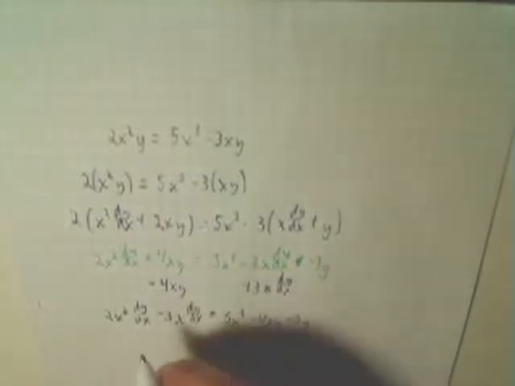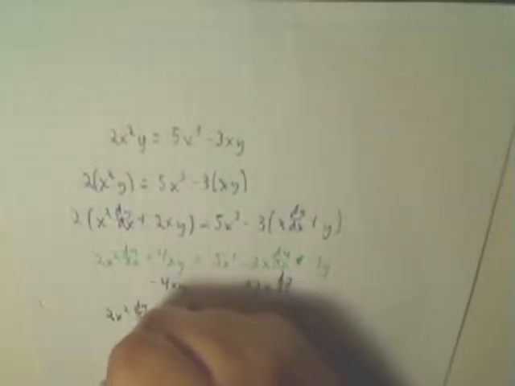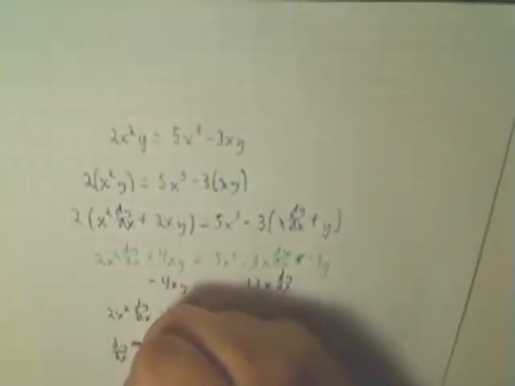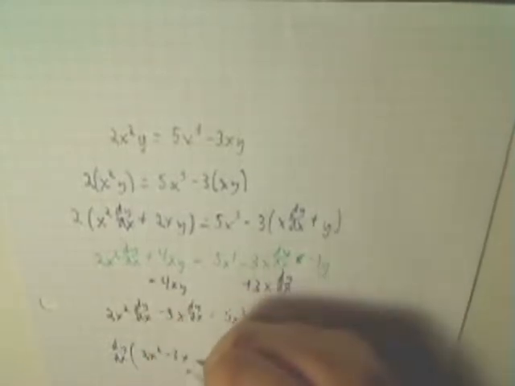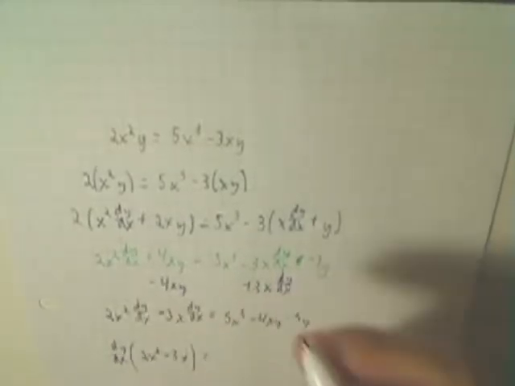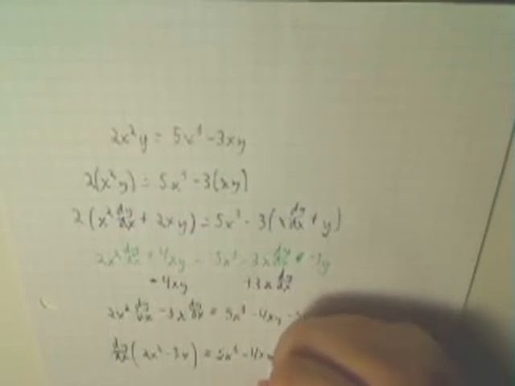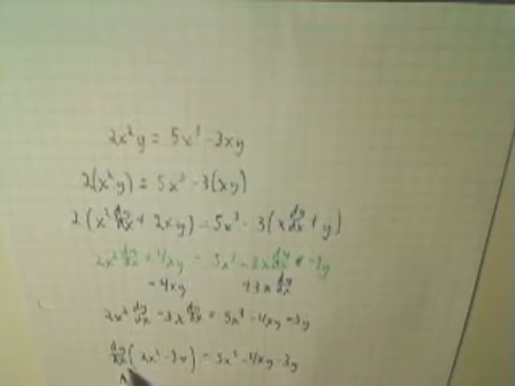We can now take a dy dx out of the term on the left. Now take this term in the parentheses and divide it from both sides.